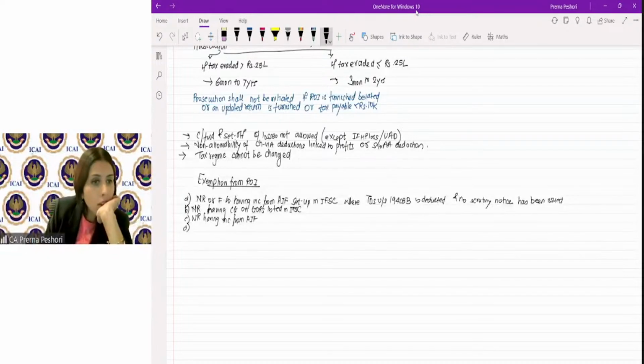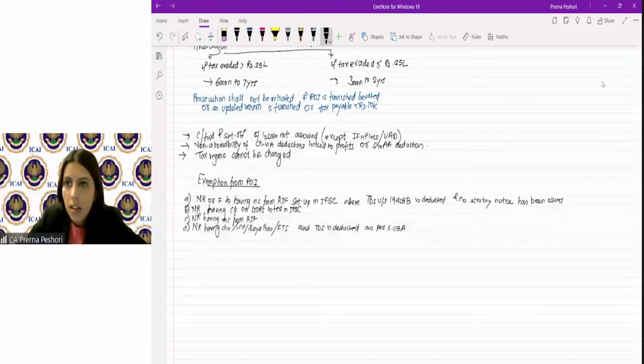Third is non-resident having dividend, interest, royalties, FTS, and TDS is deducted as per section 115A. Yes, in these cases, the income tax returns are not required to be furnished.